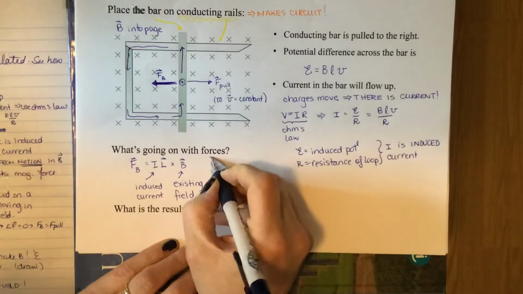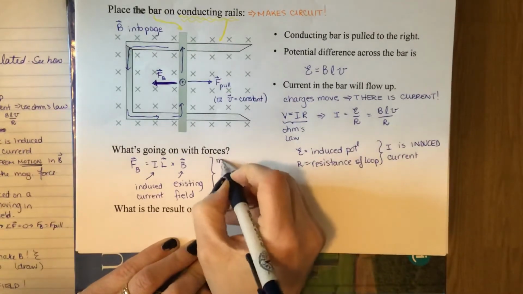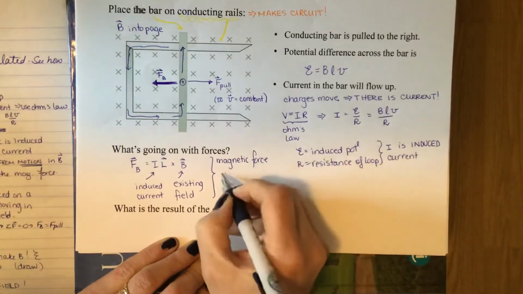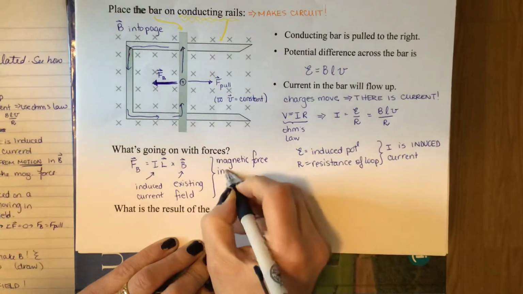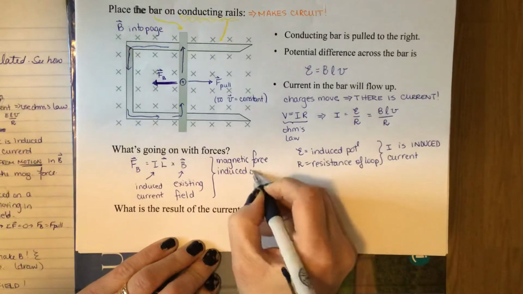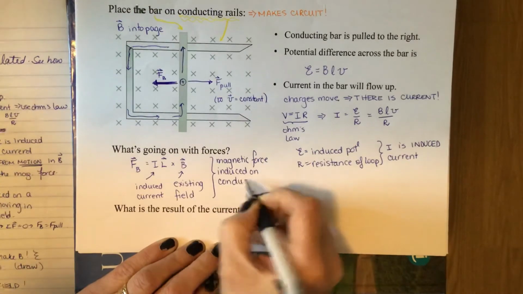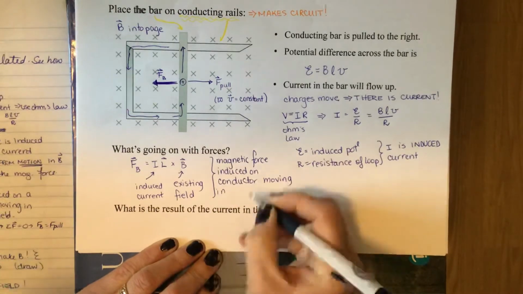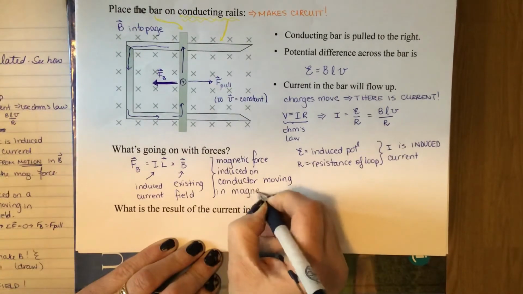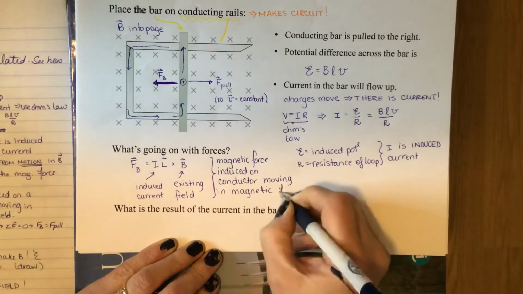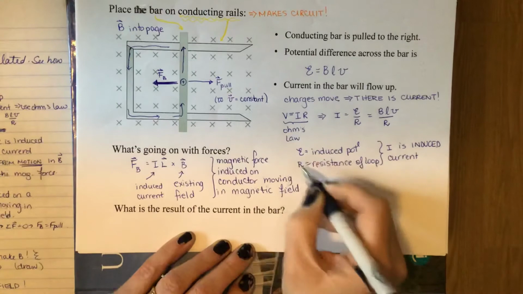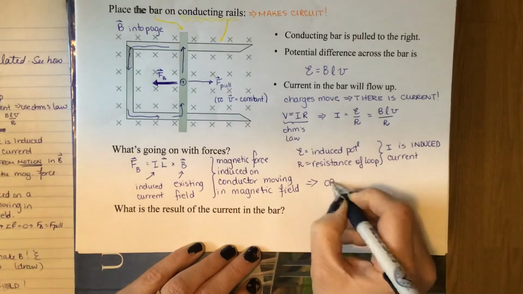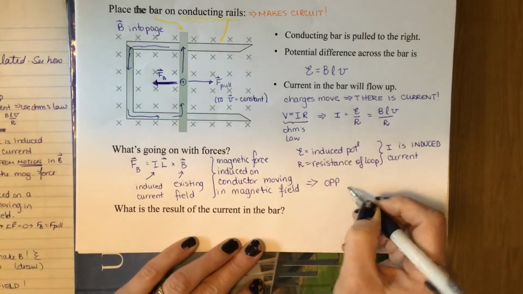So this magnetic force here is a magnetic force induced on a conductor moving in a magnetic field. Something that's really important here is that this magnetic force always opposes the motion. So these induced magnetic forces will always slow it down.